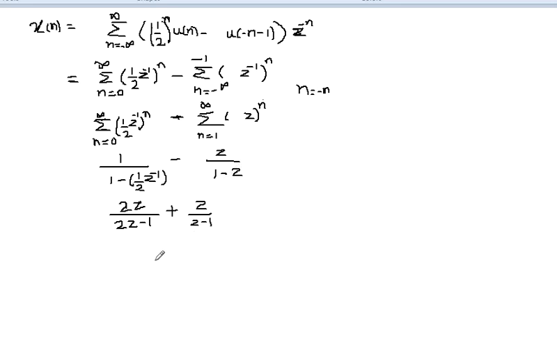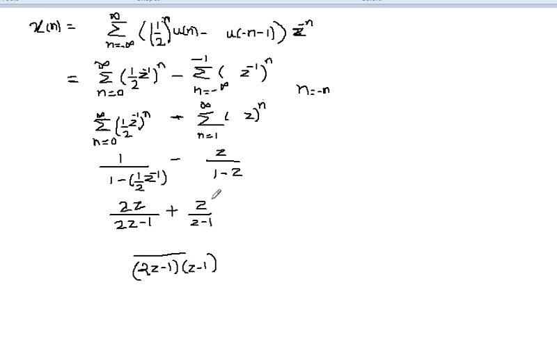So when we go for its solution, it is simply 2z minus 1 or z minus 1 by 2 into z minus 1.